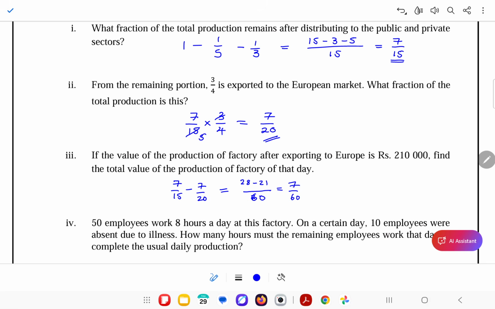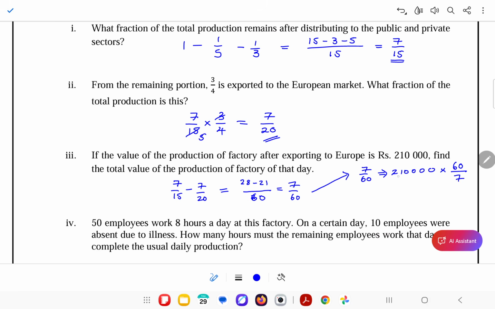This fraction is equal to 210,000, right? 7 over 60 is equal to 210,000. So then we want the full amount now. So multiply by 60, divide by 7.